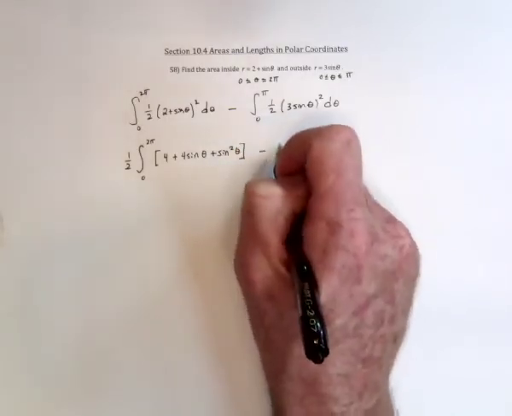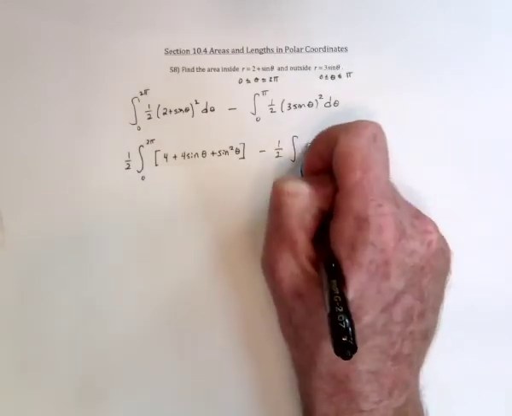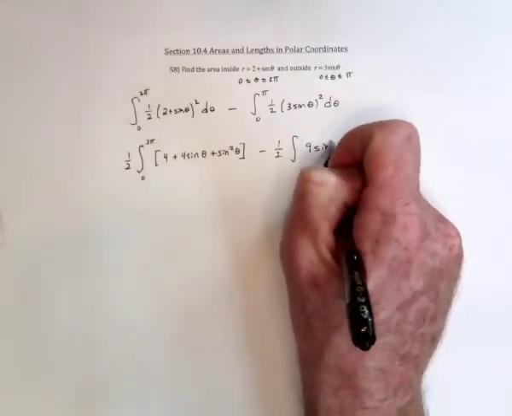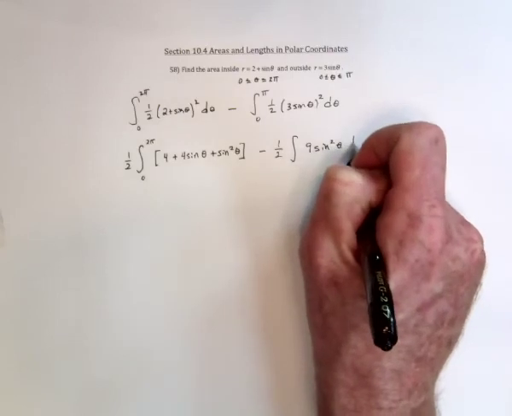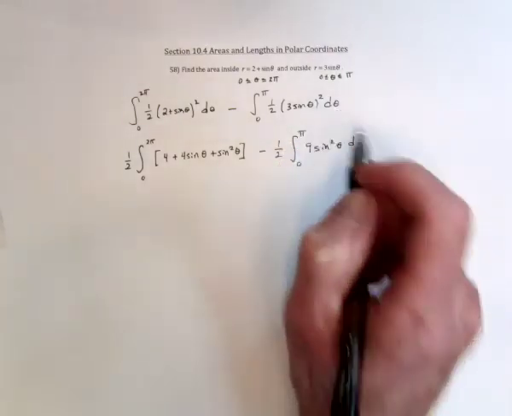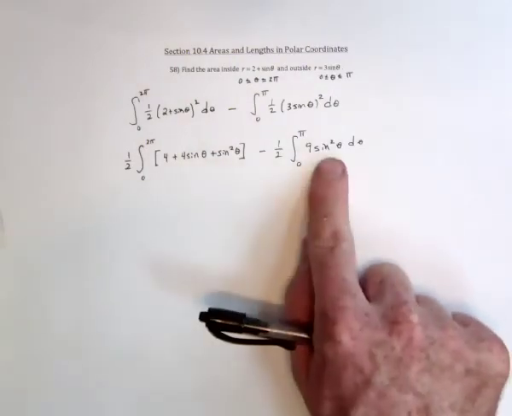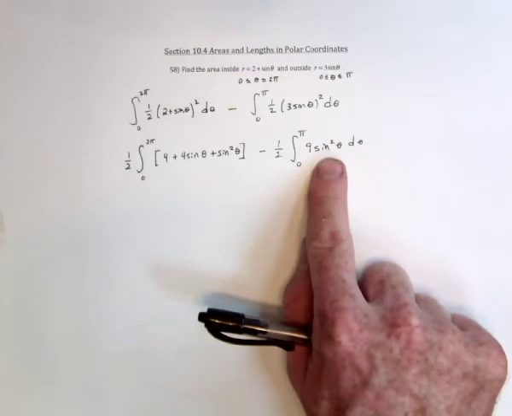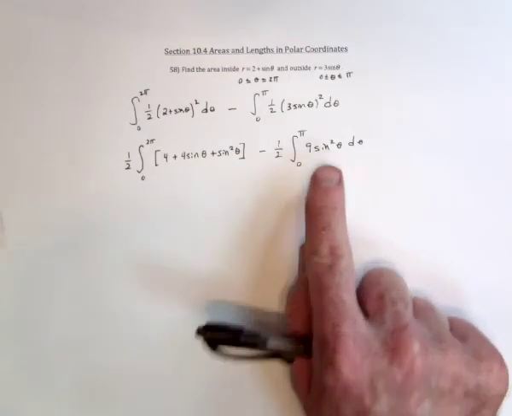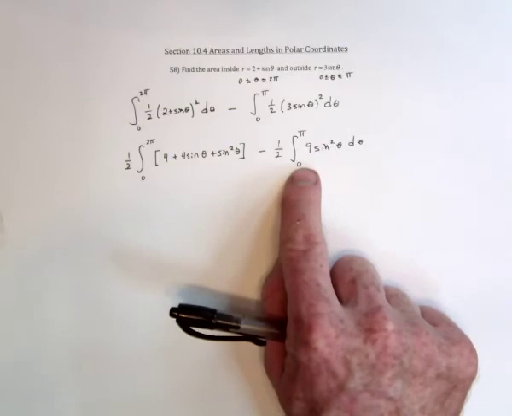And for this one, again, you could factor out the 1/2, and integrate 9 sine squared. Even though both have sine squared, we are not allowed to combine them because this one's going from 0 to 2 pi and this one's going from 0 to pi. So we'll have to do them separately.